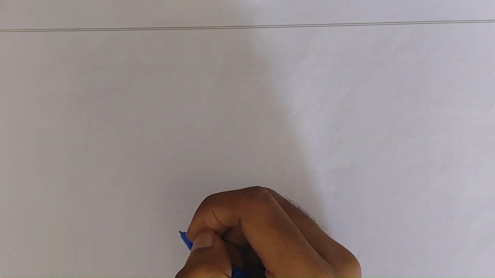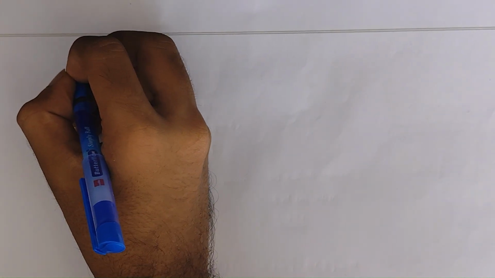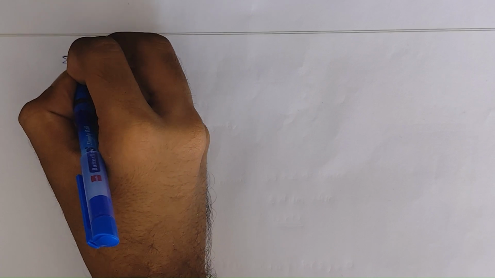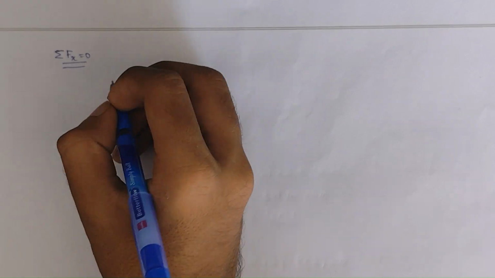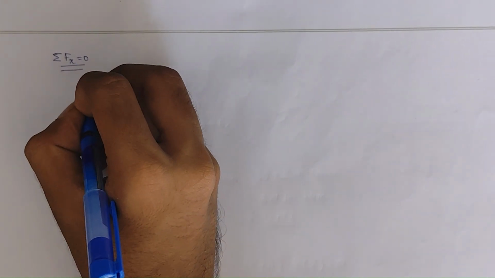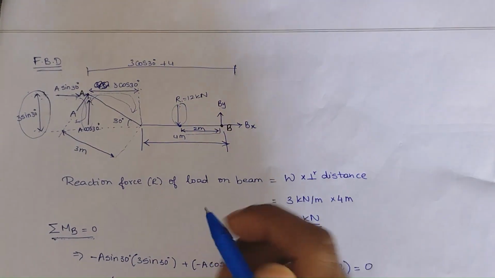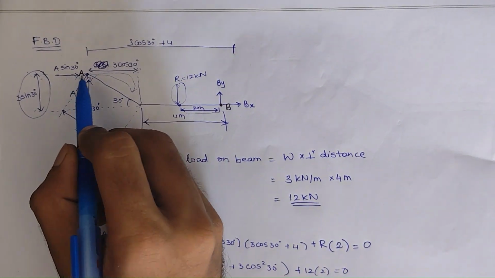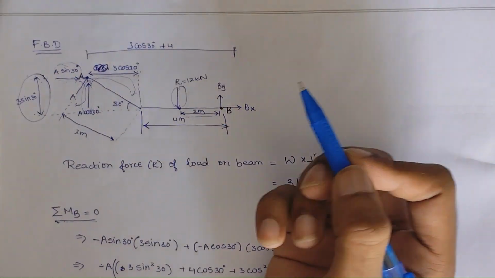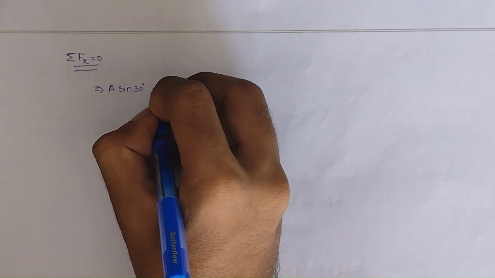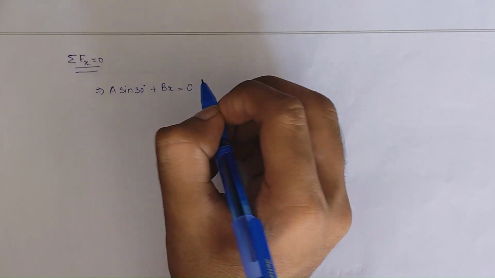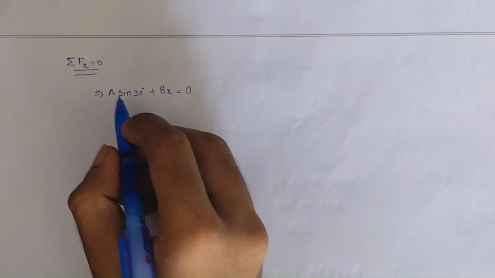Now let's find for the pin B. So we'll equate the forces along the x-axis. Summation of Fx is equal to 0. According to the free body diagram, this will be A sine 30 plus Bx. Since both are going towards the right direction, both will be positive.